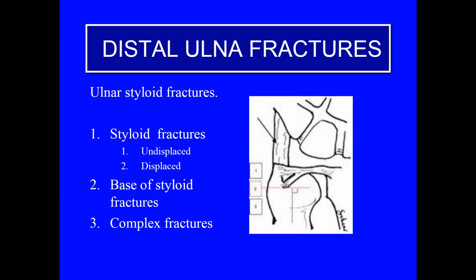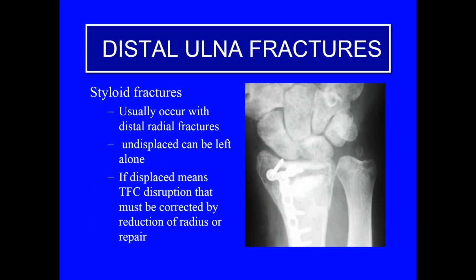Ulnar styloid fractures and fractures at the base of the ulnar styloid are different fractures, and I'll come on to those now. Ulnar styloid fractures can be displaced or undisplaced, and this is really the absolute key to distal radial fracture treatment. If after you've finished fixing the radius the ulnar styloid is still displaced, not 100% anatomically reduced, that patient has an incongruous triangular fibrocartilage, because the TFC has pulled off on the radius and has shortened.